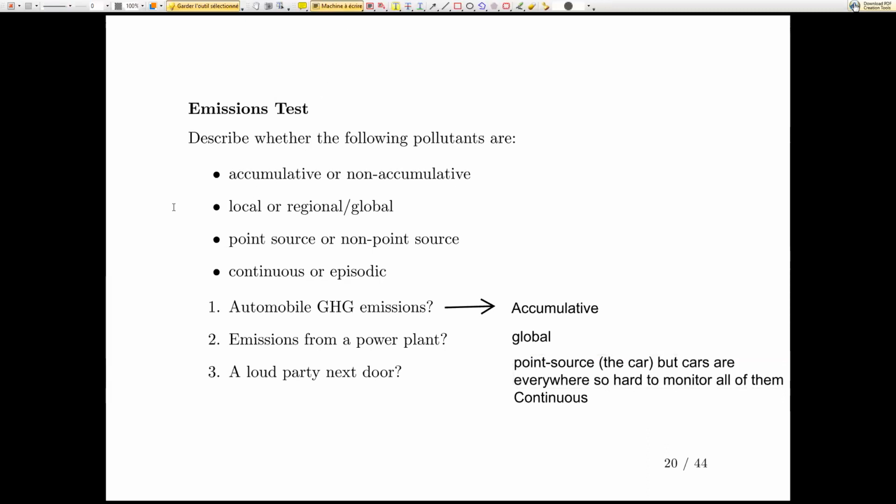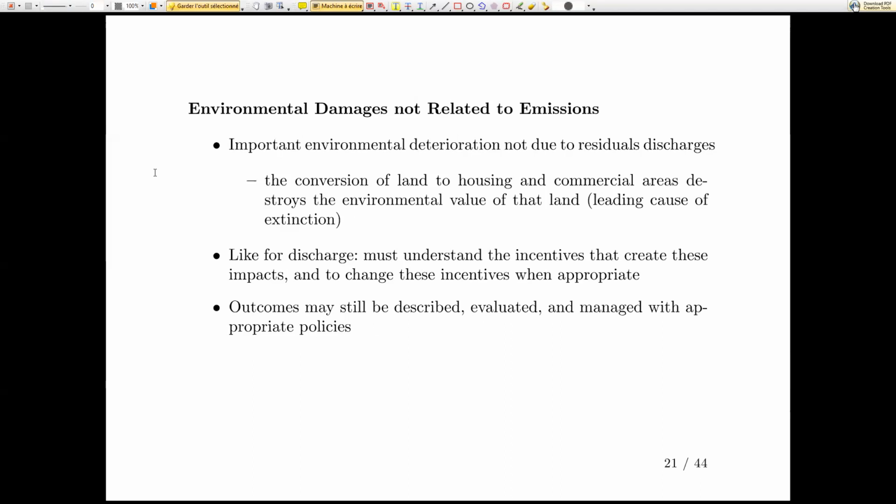And finally, there are also environmental damages that are not related to emissions per se. So what are they? They are deterioration, and the biggest one is loss of habitat. So expansion of housing and commercial areas that destroy the environmental value of the land.